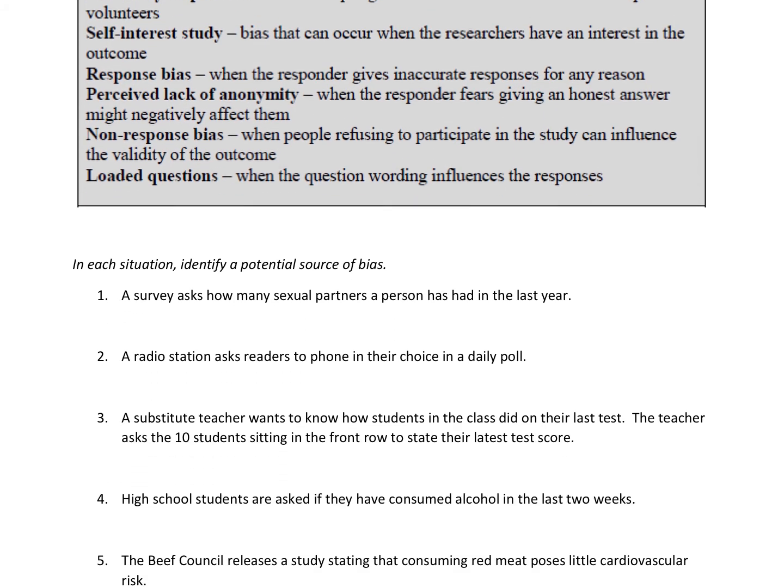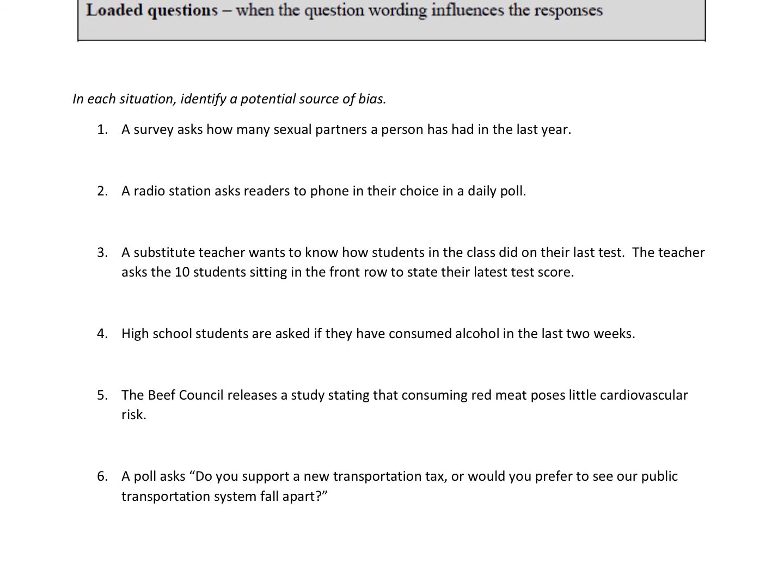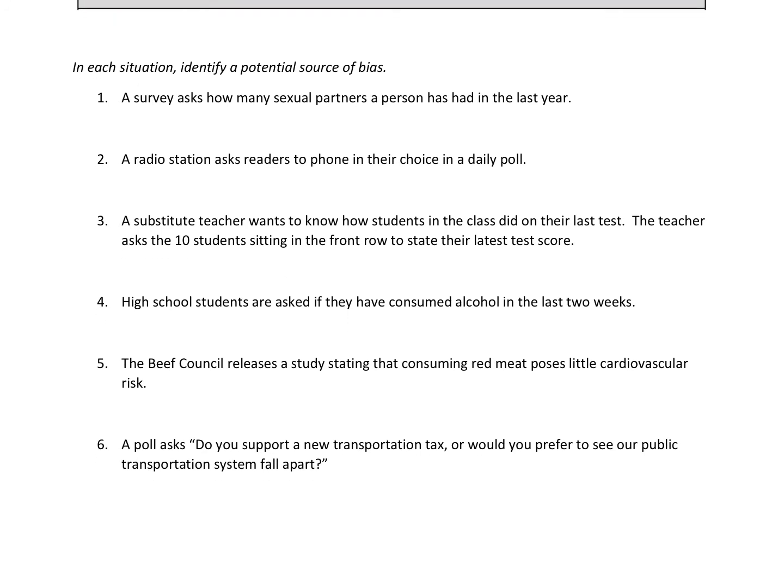So let's look at some examples, and in each situation, we're going to identify a potential source of bias. Number 1, a survey asks how many sexual partners a person has had in the last year. This could be an example of response bias.